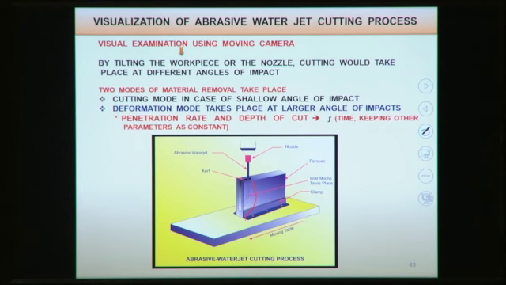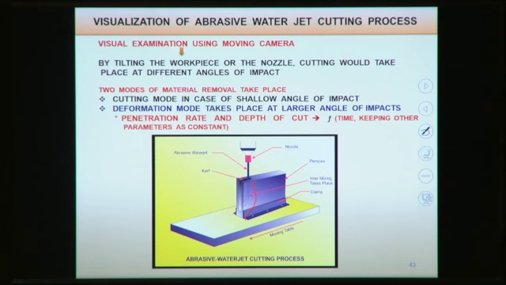By tilting the workpiece or nozzle, cutting can take place at different angles of impact. So two modes of material removal are there. One is the erosion mode at the top surface of the workpiece, and another is the deformation mode at the bottom surface of the workpiece, where the local mixing chamber is already there.